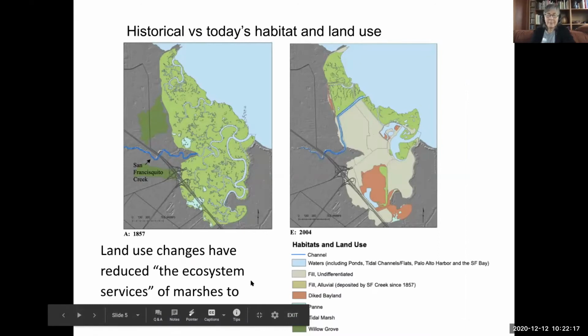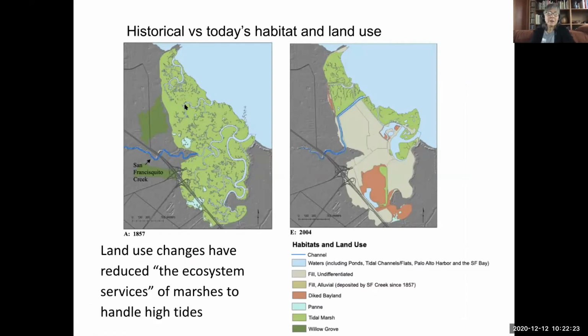So the marshland provides a lot of ecosystem services, but historically it had a gradation of elevations. So there was some upland habitat like these willow groves on the left. A lot of our creeks meandered from side to side, and they created these things called sausals, which is the Spanish word for willow grove, that had a lot of habitat, but also had the ability to absorb storm surges and things like that.